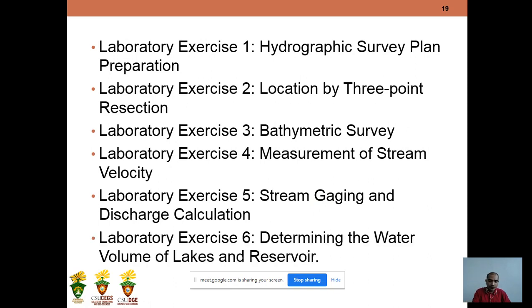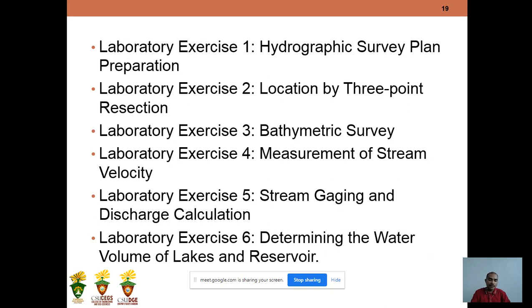And lastly, laboratory exercise number 6 is all about determining the water volume of lakes and reservoirs. It doesn't mean big lakes. Maybe a small water body will do. Then we need to have a survey in that area.